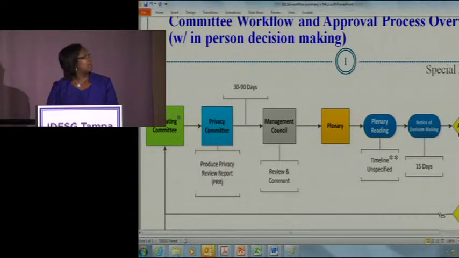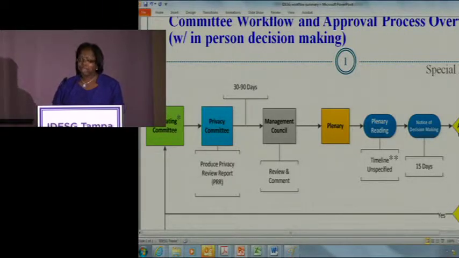The privacy committee had two steps: they produced their privacy review report and gave feedback, and then there was an actual vote by the privacy committee to take it to the next step.